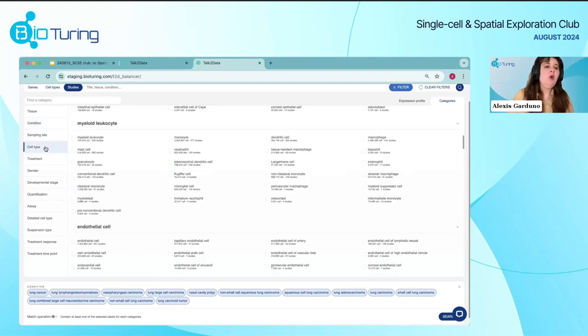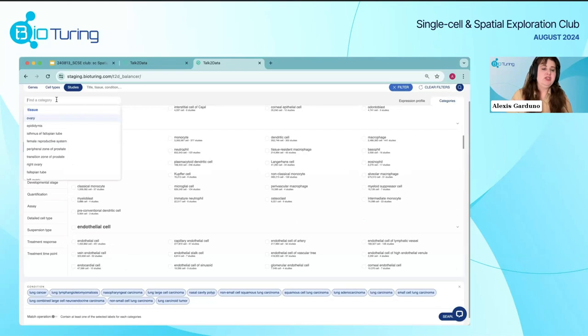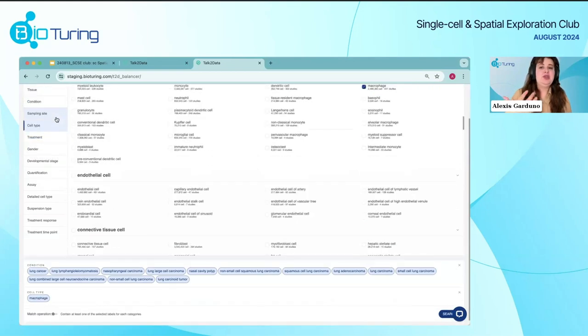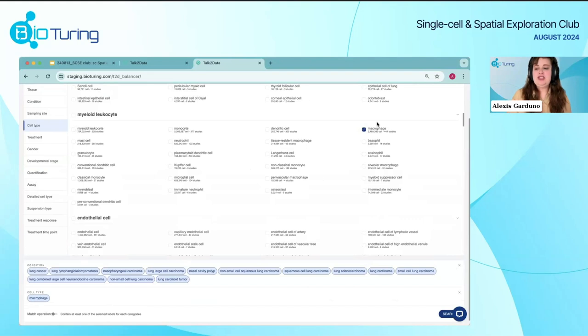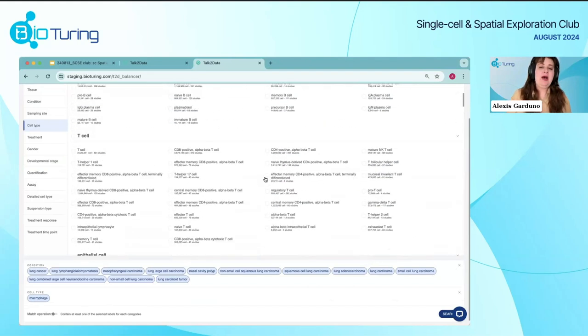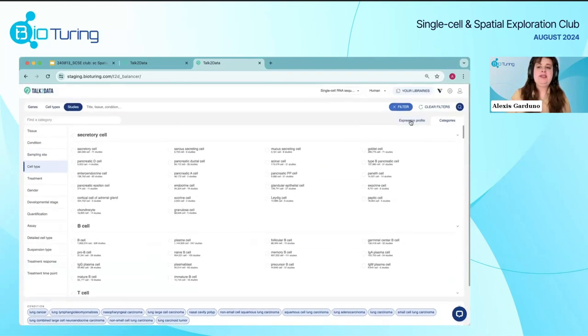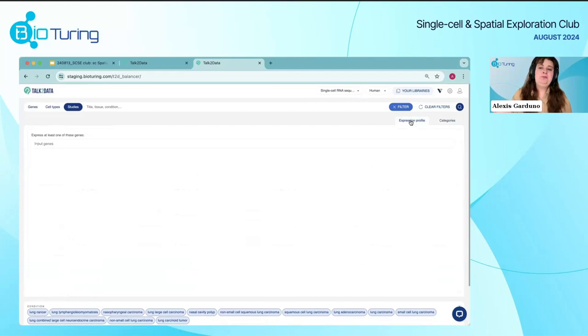From here, I'll only want to concentrate on macrophages as well. So I have to make sure that I also add a filter for these specific macrophages. And the last step, just from filtering on the categories, is to also make sure that I'm selecting only cells expressing these particular markers that I have found some functional roles for in this analysis.